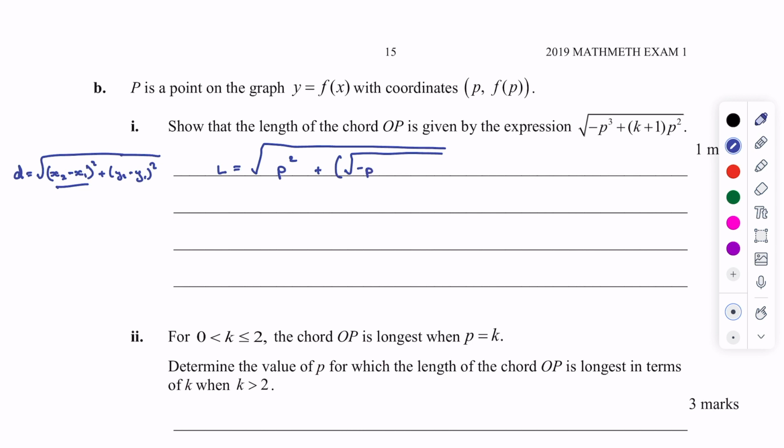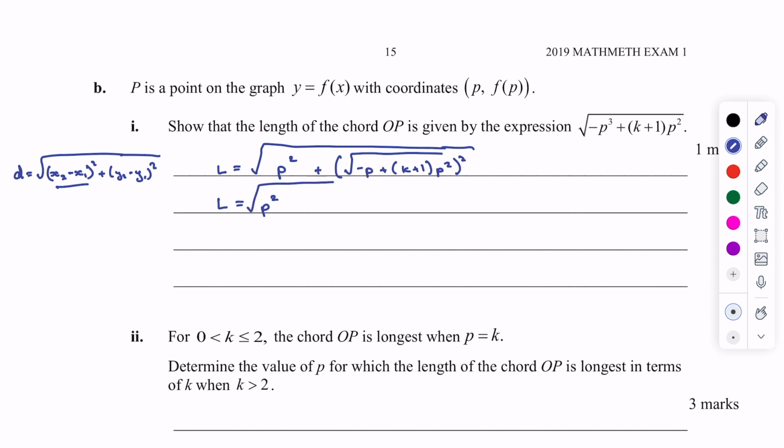So minus p cubed plus k plus 1 p squared. And that's going to be squared. This gives me L equals p squared, all square rooted.